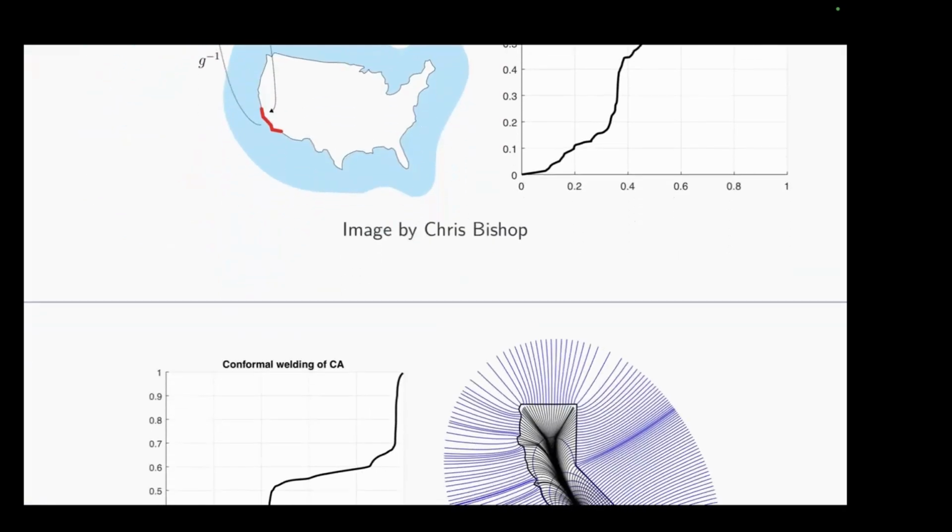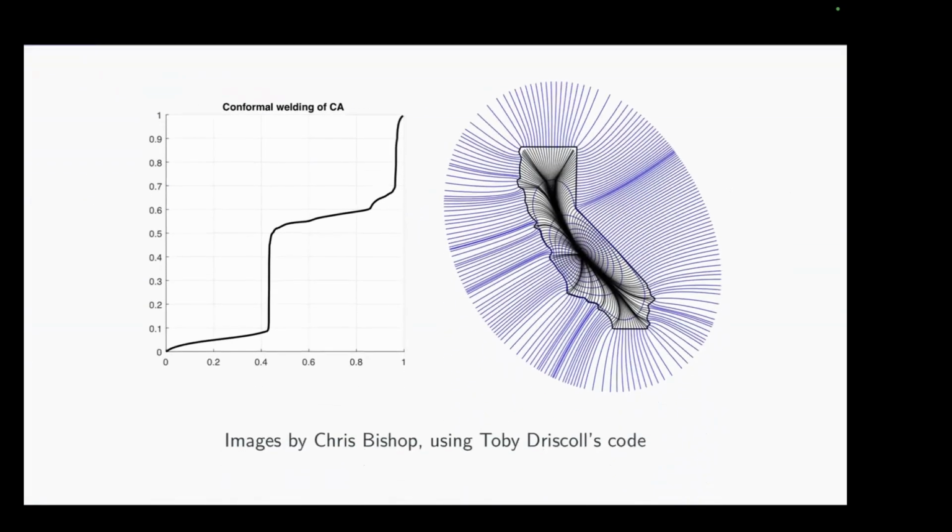Let me show you how he did it, but instead of the US, I'll show you California, since the server on which the Quasiworld seminar is based is at UCLA. So this is what you get when you draw it for California. And this was done by Chris using Toby Driscoll's code, implementing conformal maps and how to compute them.